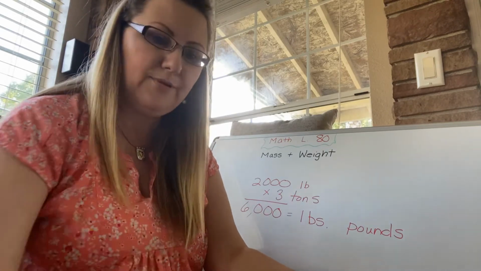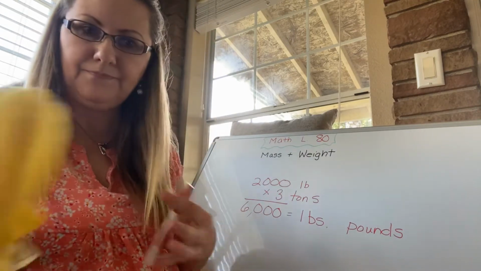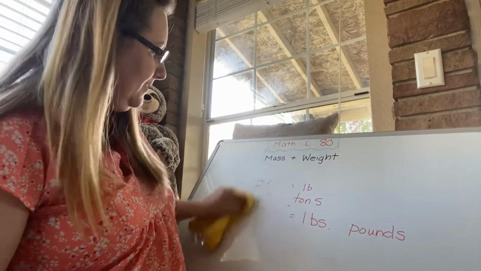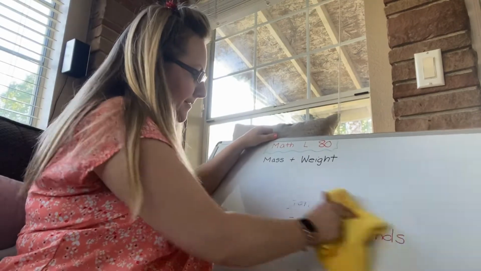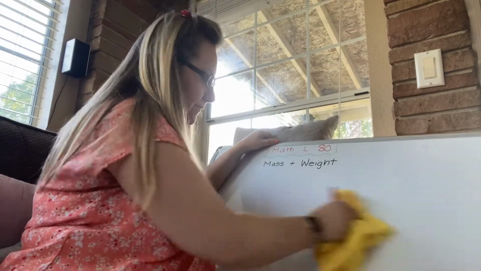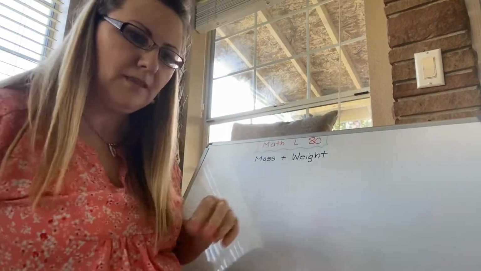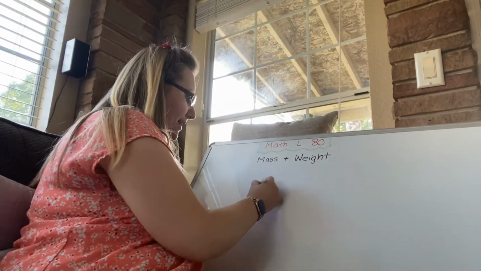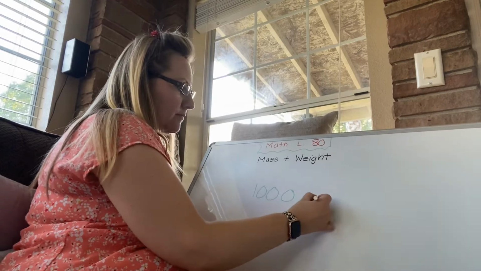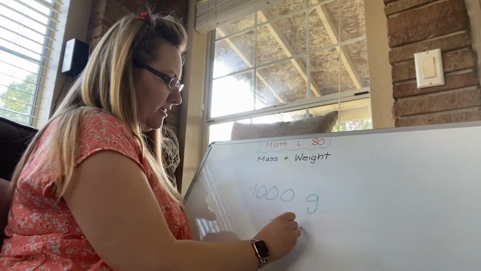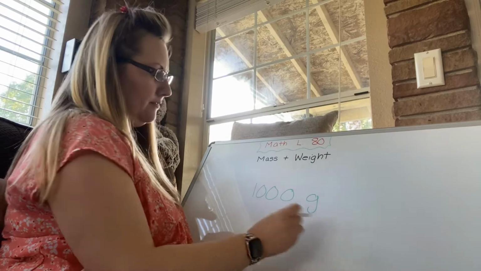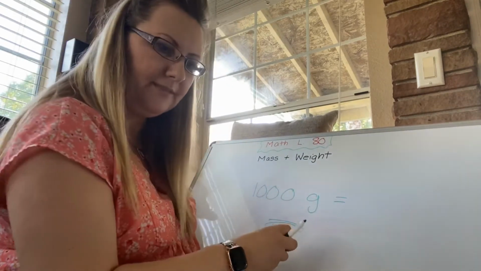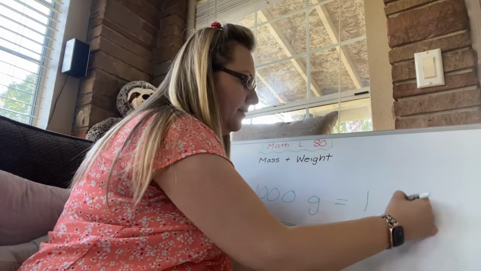So there we have our next notation that I will also write on the board for us to think about, which is that 1,000 grams, which is like 1,000 little paper clips, equals 1 kilogram.